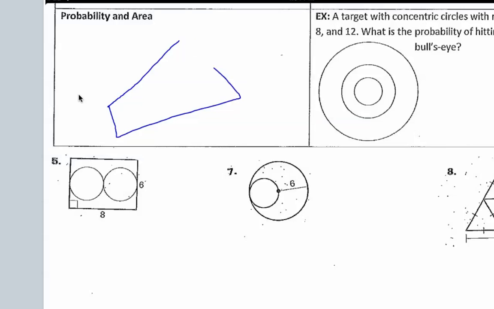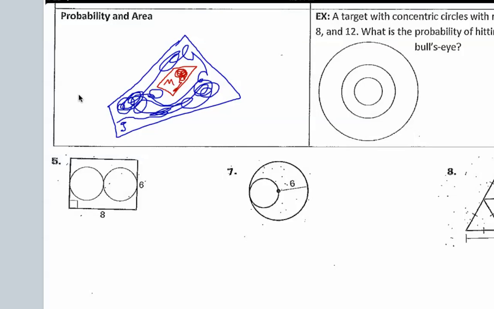We'll call this random shaded region J. And then inside it, we've got another random shaded region. How about M? So we've got M in here, we're going to shade that, and we've got J over here. That's another shaded region. They don't necessarily have to be shaded, but we've got two regions.